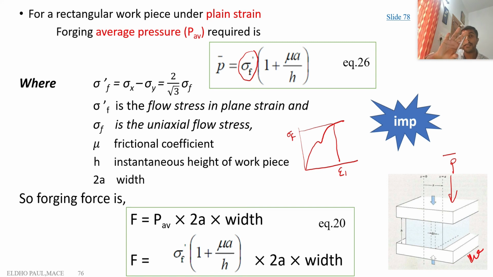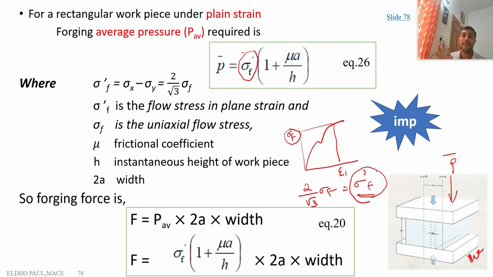In plane strain condition, the von Mises stress criterion is that 2 by root 3 sigma f is equal to sigma dash f. So in plane strain condition, the amount of stress required for the deformation is not sigma f, it is sigma dash f. In a problem, it may say the flow stress is equal to 5 megapascal.